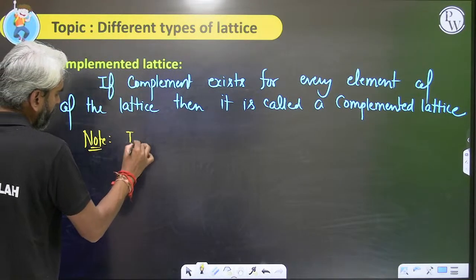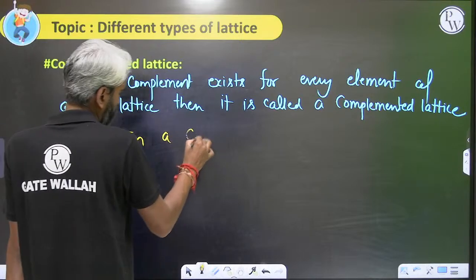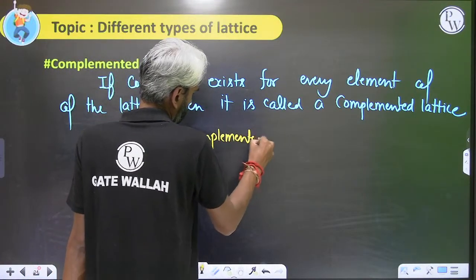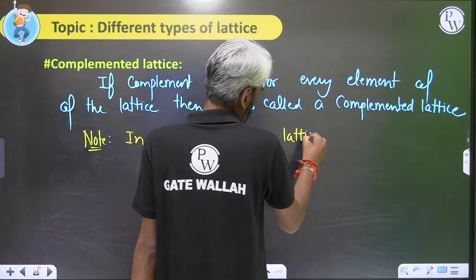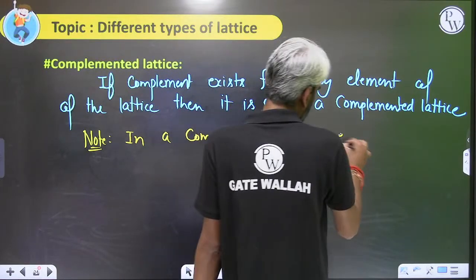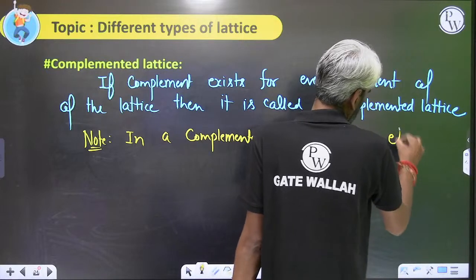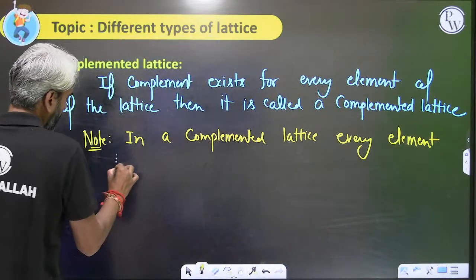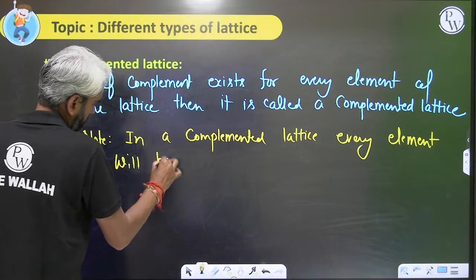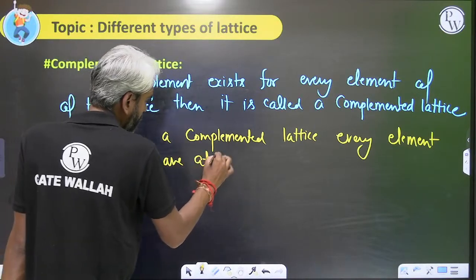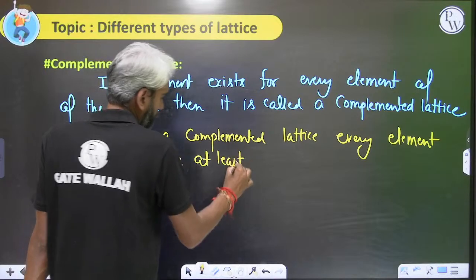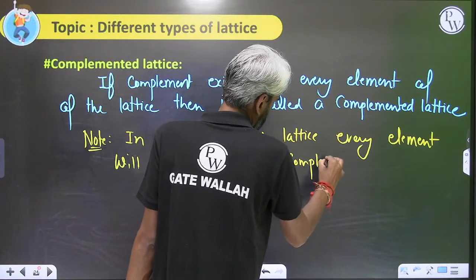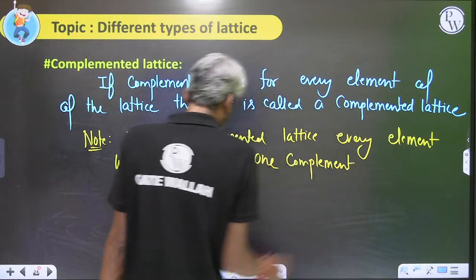In a complemented lattice, every element will have at least one complement.